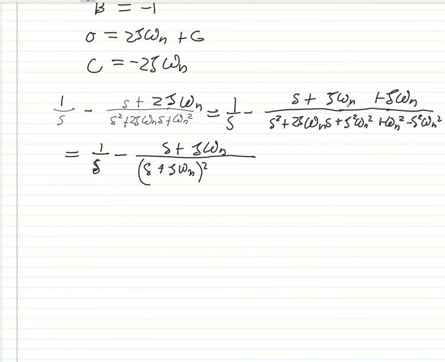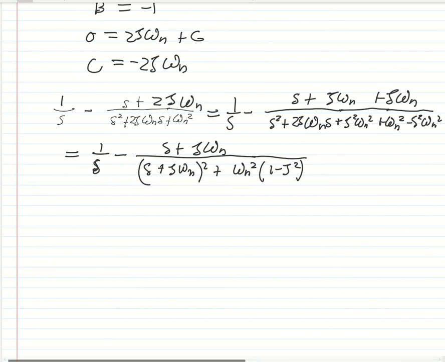This is the reason why I take 1 zeta omega n at the numerator, because I have s plus zeta omega n at the denominator. That will be my s. Then plus, we have here omega n squared minus zeta squared omega n squared. So we can factor out that omega n squared. Then this will be 1 minus zeta squared. So that's the first one.